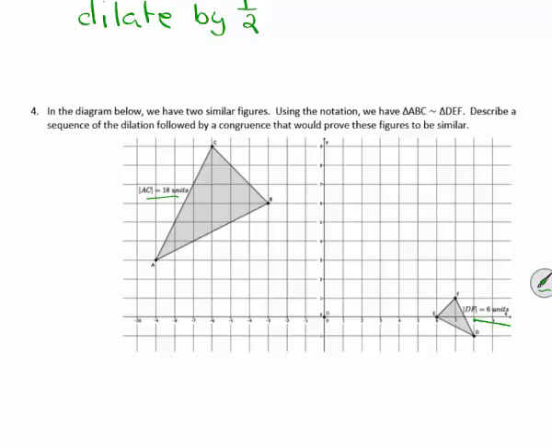So I have to first figure out what my scale factor is going to be. So 6 over 18, which reduces down to 1/3. And to get from the first one to the second one, I believe I'm rotating it 90 degrees clockwise.